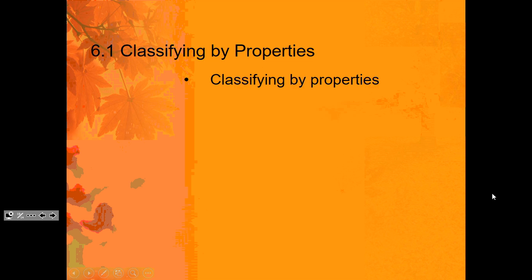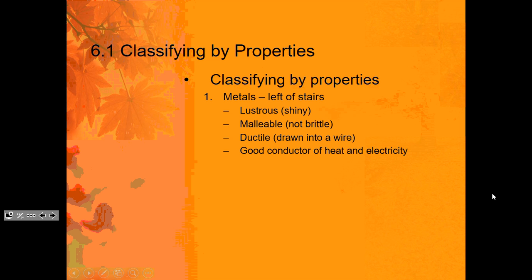We can also classify things in the periodic table by properties. This is an important one, and we use this right away in the next couple of chapters. On the periodic table that we have on the wall, as well as the one I give you, if you look on the right side, starting in the upper left-hand corner of the P block, you'll notice there's a set of stairs. Everything to the left of those stairs behaves in a very similar way.